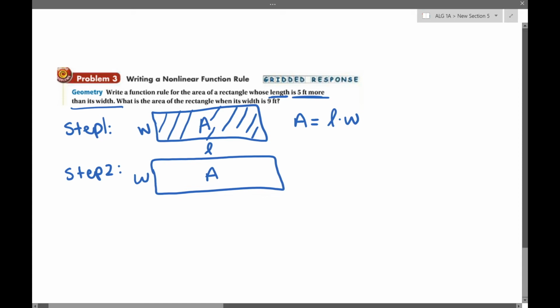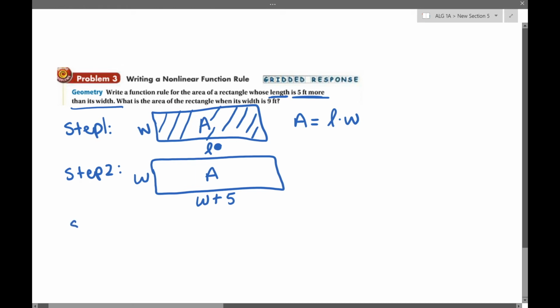So my length, instead of L being here, it's going to be W plus what? How much more is it going to be? Well, it says it's going to be 5 more. So my width plus 5.